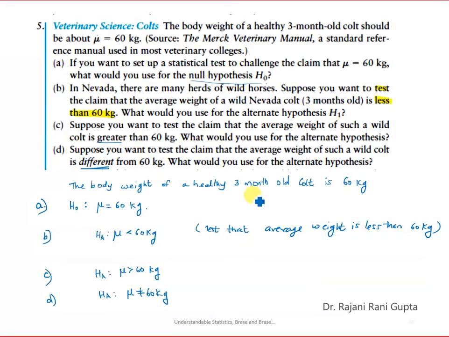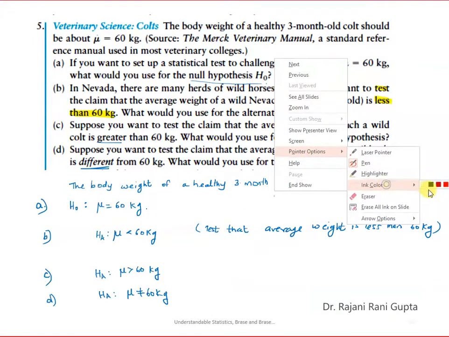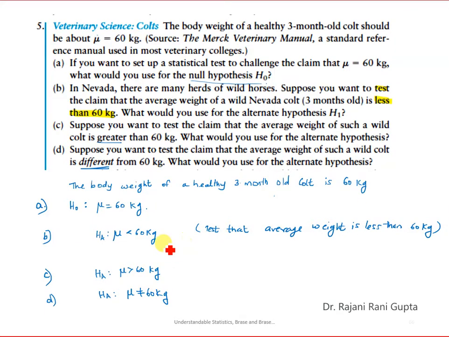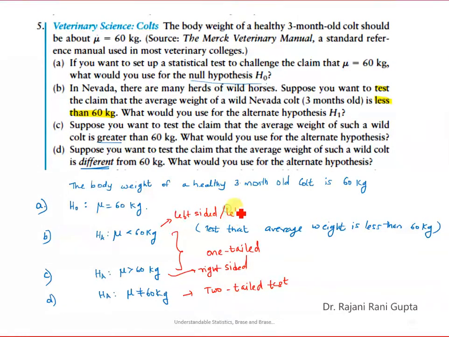So this is how, on the basis of different criteria, you will make your alternative hypothesis. So these two are one-tail tests, and this will be a two-tail test. As we know, this is called the right-tailed or right-sided test, and if the alternative hypothesis is like this, it will be called a left-sided test or left-tail test.